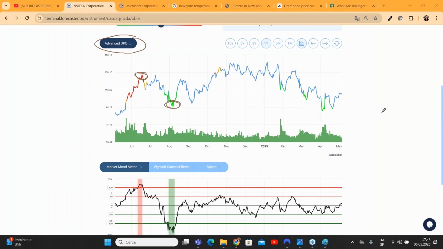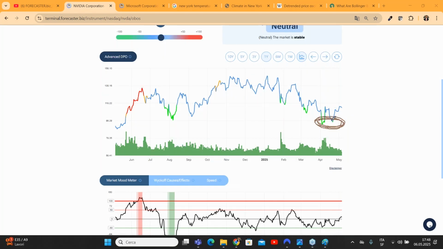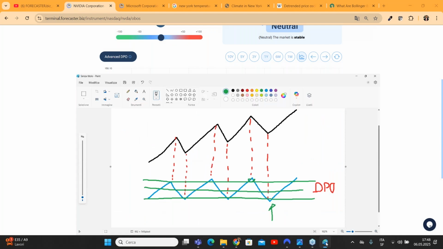Talking about Nvidia, as you can see, here we are on Nvidia, the previous low, this area, was a major low point because prices were colored in green. This is why the software colored the prices in green, because it means we were here.